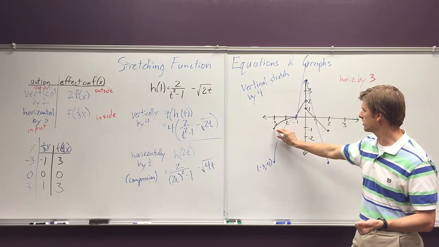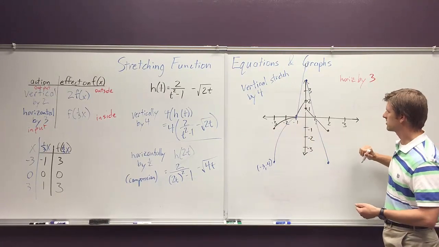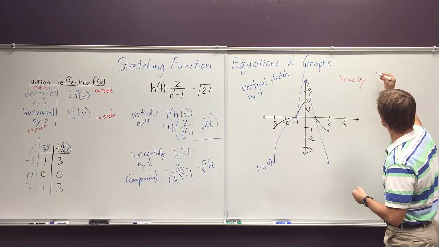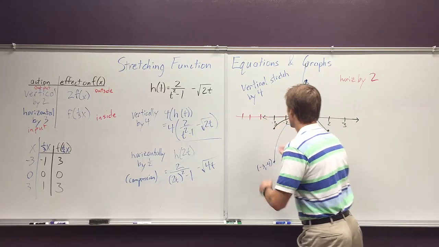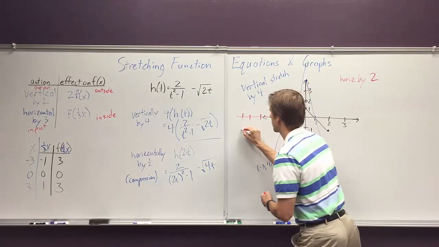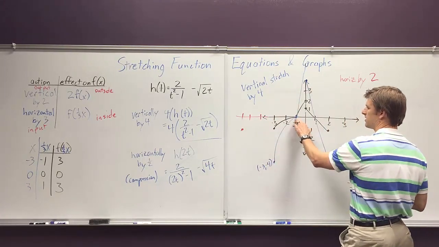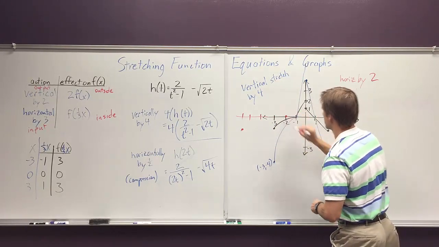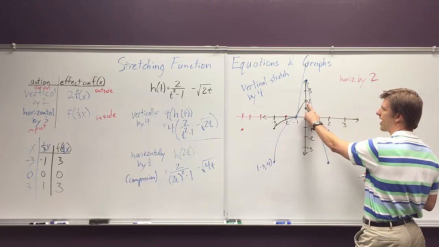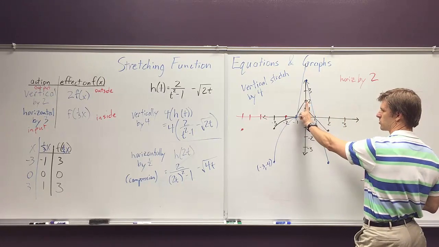Oh my, 3. So that's maybe a little large for my picture. Let's go 2, just so I don't have to go so far out. Here's -3. This will come out to -6. This is at -1, so it'll come out to -2. The x-coordinate is at 0, so those will be unchanged.